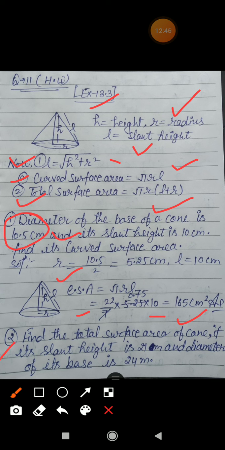Now we have to solve the second question. Find the total surface area of a cone if its slant height is 20 meter and the diameter is 24 meter. So in this question you have the slant height 20 meter and the diameter 24 meter.